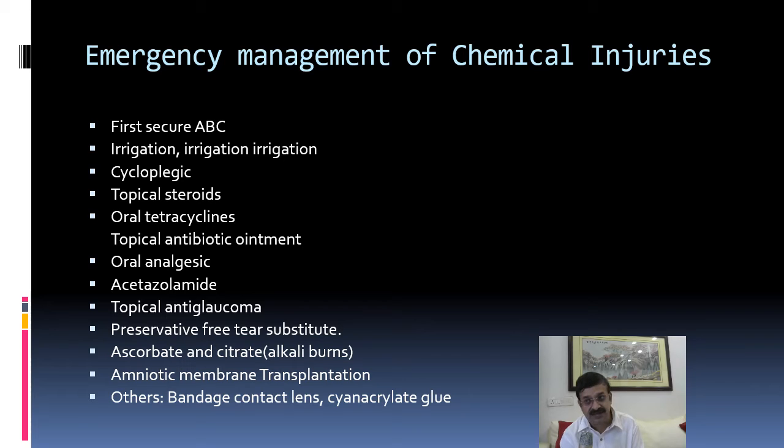In this aspect, let me tell you that it is important you give a 4th generation fluoroquinolone topically, because they are the ones which have the least toxic effect on the cornea or the healing of the cornea. So moxifloxacin or gatifloxacin would be nice. Then obviously we will give an oral analgesic to do away with the pain.